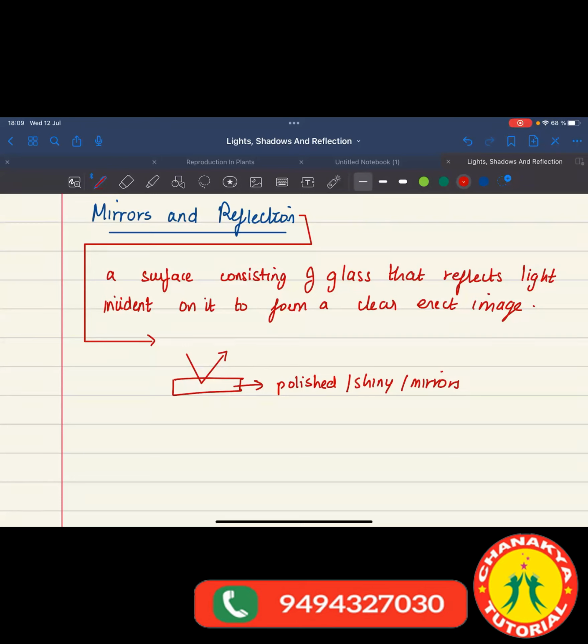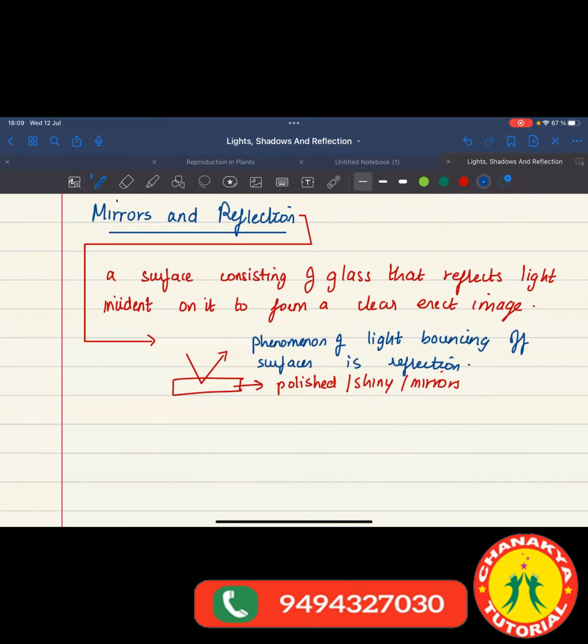The phenomenon of reflection, this is the definition for reflection.